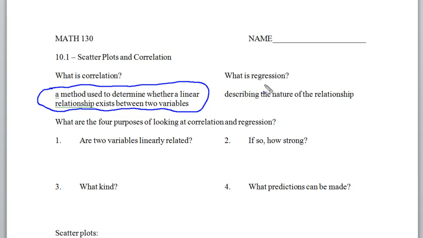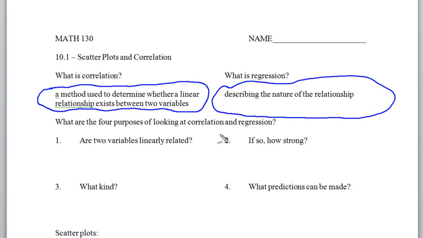What is regression? Well, the regression describes the nature of that relationship. So once you take all the data of all your students who did your homework and then compare their grades, then you can talk about the relationship being either positive, which means that your homework had a positive effect on their grade, or negative, which means that maybe they did so much homework they weren't studying for the tests.